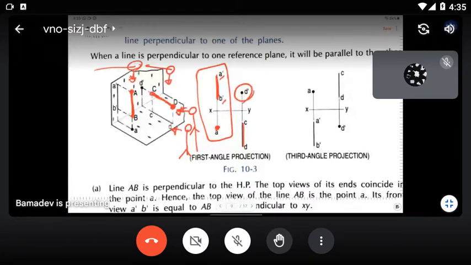Sir, shouldn't that now be A comma B? Please repeat what you were asking. Sir, in the below part, the horizontal plane projection, we have written point A. Shouldn't it be A comma B? Actually, to avoid confusion, A and D both are lying here.